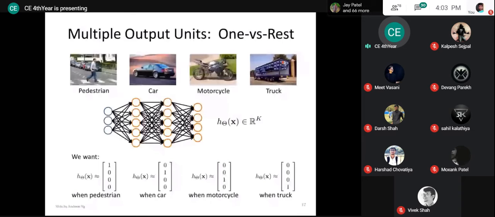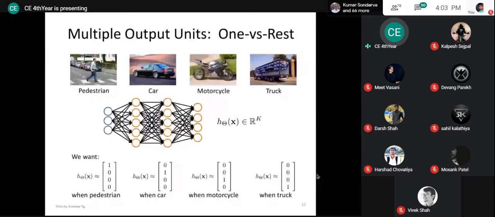Let's say we have four classes, where we have images, and from those images we are supposed to identify whether the image is of a pedestrian, car, motorcycle, or truck, right? As we have four classes, we'll have four neurons in the output, and we expect 1000, 0100, 0010, or 0001 in the final output.